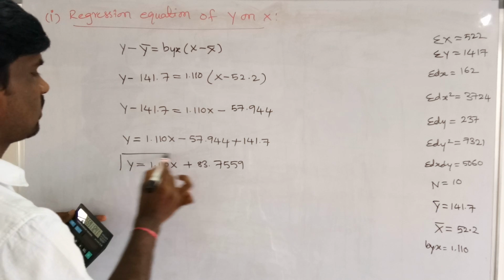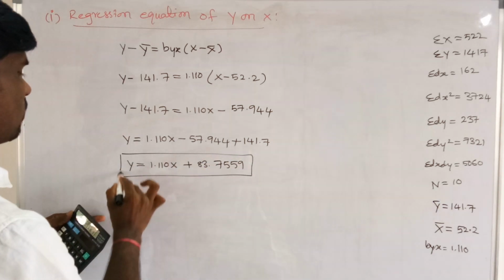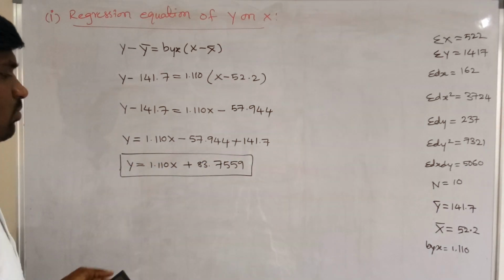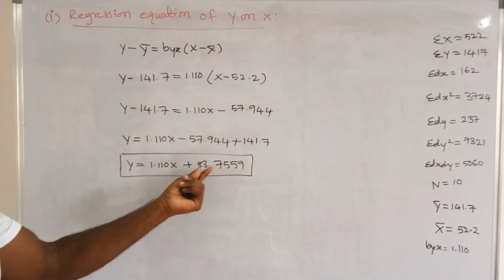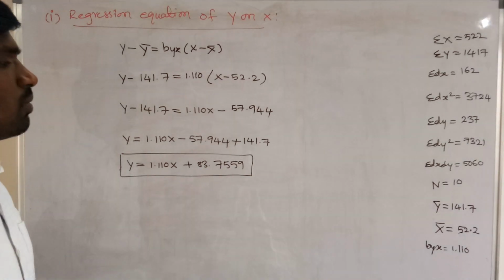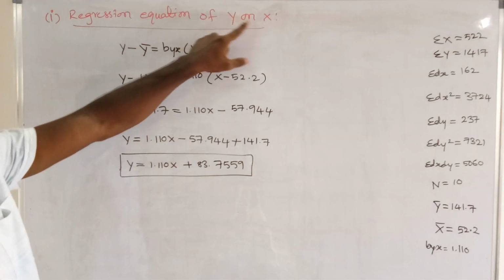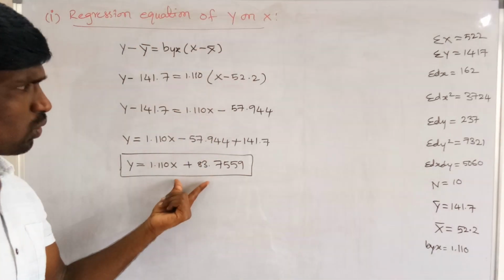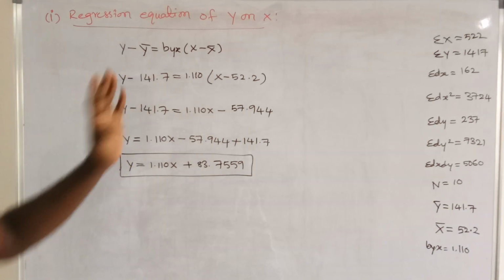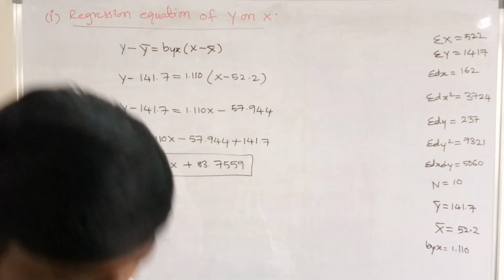This is the regression equation of y on x: y equals 1.110x plus 83.7559. So this is condition 1.